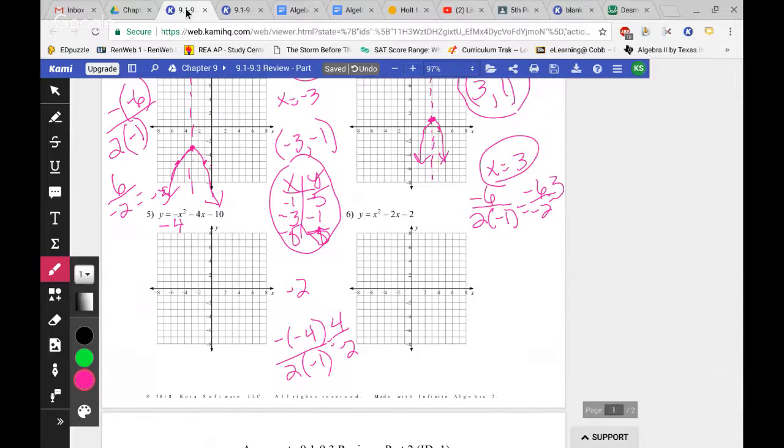And then -4 times -2 is +8, minus 10. So we have -4 plus 8, which gives us 4, minus 10 is -6. Is that what you got? Yep. So we have an axis of symmetry of x equals -2 and a vertex of (-2, -6).